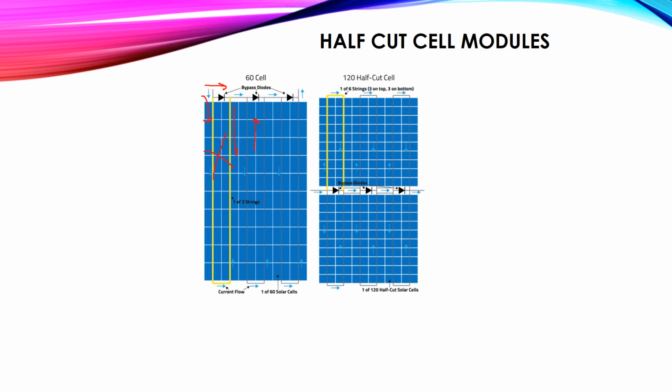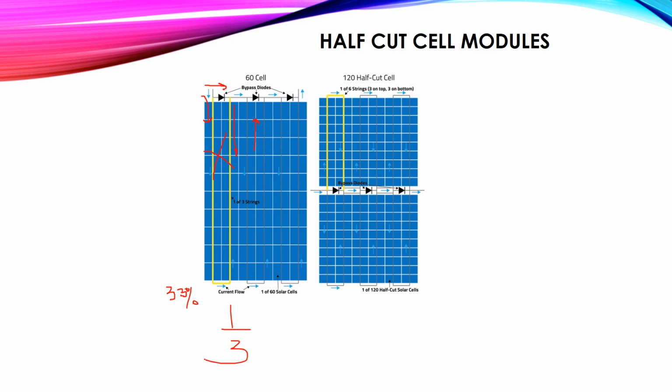But since we cut a third of the strings, what will happen in this case is that our power will be reduced by 33%, right? Why 33%? Because we cut 1/3 of the panel.